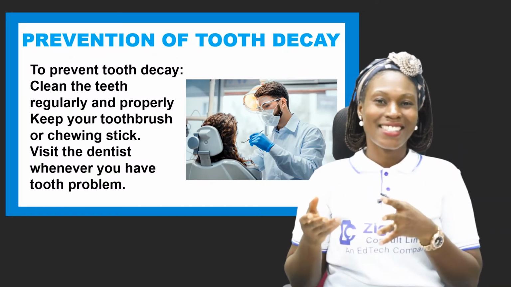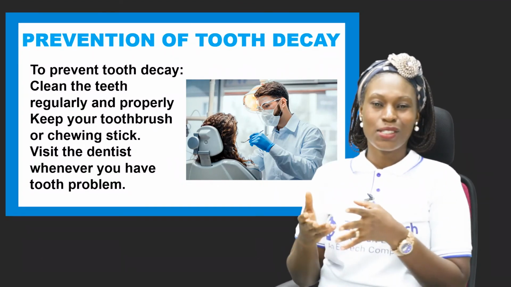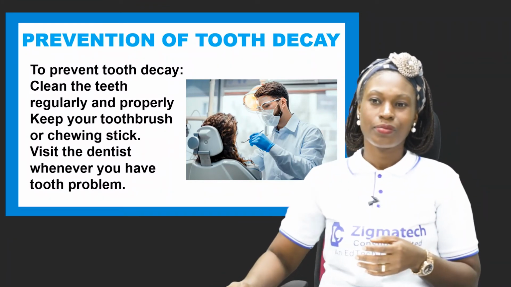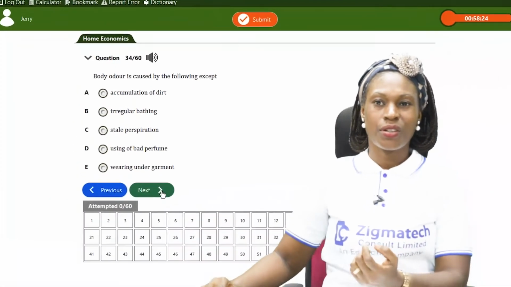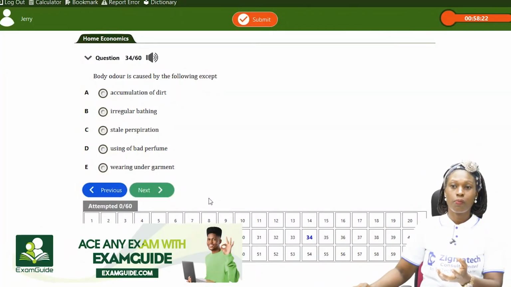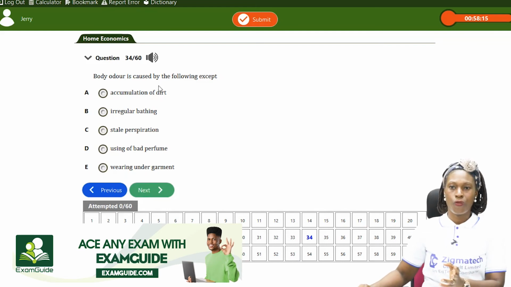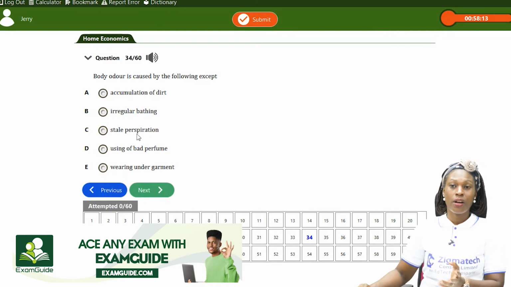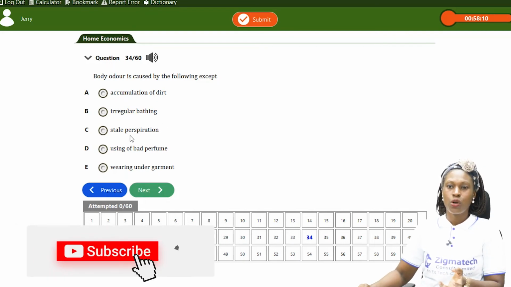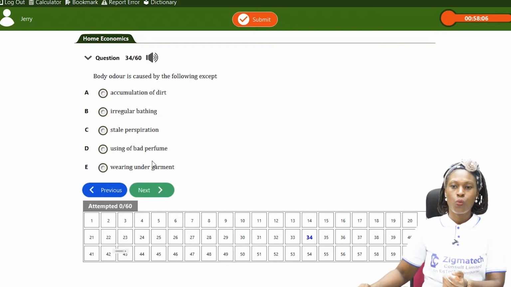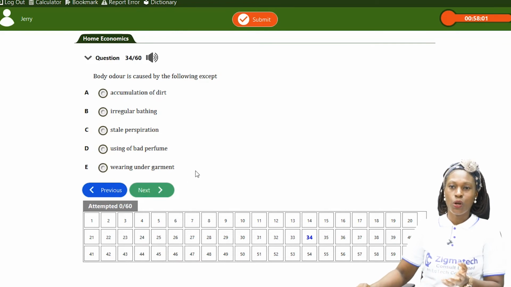Now we're going to get to our exam guide so we can practice some questions based on what we have learned today. Okay, let's look at this question. Body odor is caused by the following except: accumulation of dirt, irregular bathing, stale perspiration, using of bad perfume, wearing undergarments.